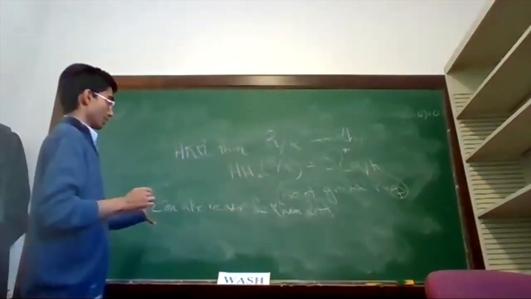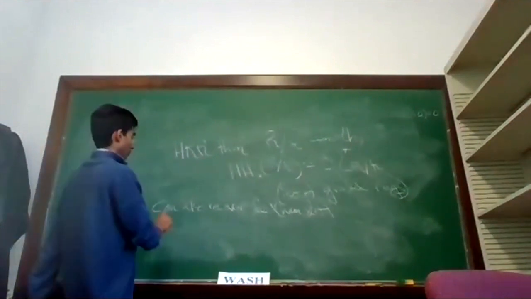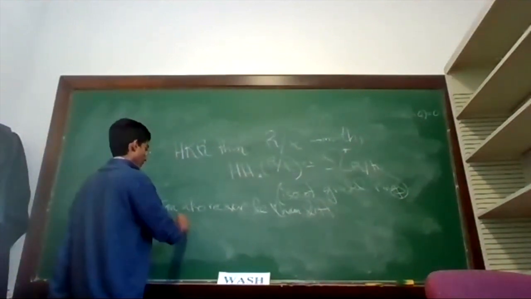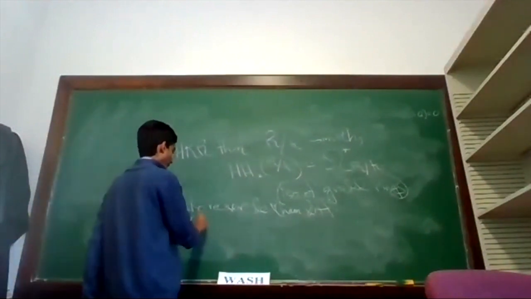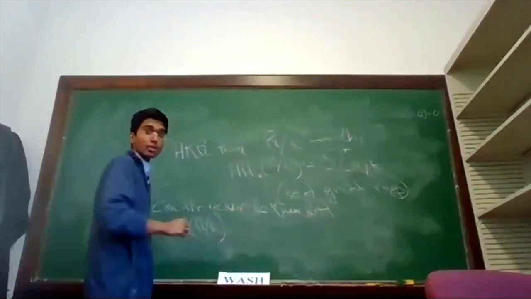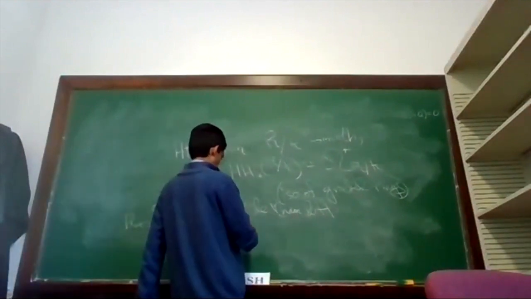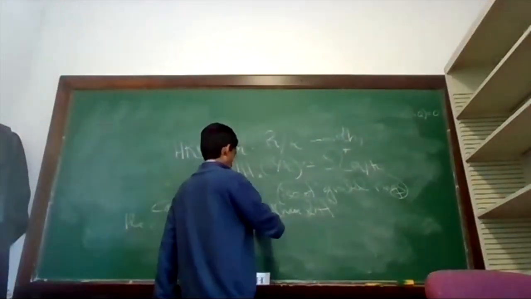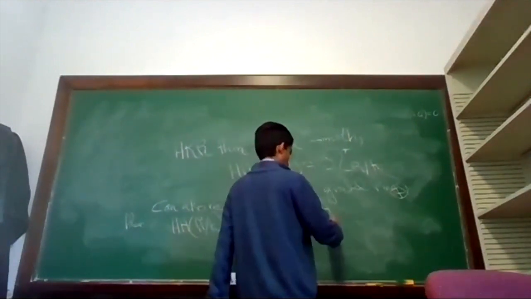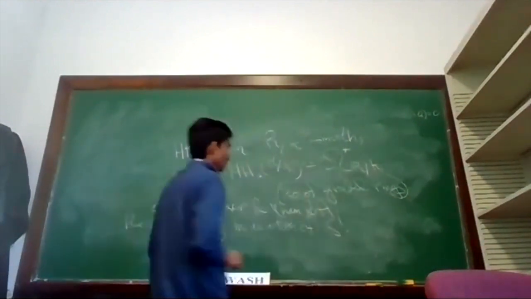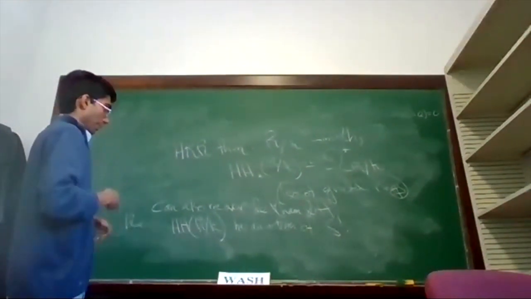And the idea is that the Hochschild complex of R over K is naturally equipped with an action of the circle group S1.